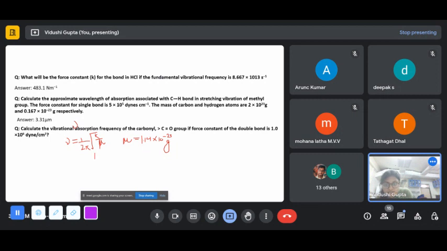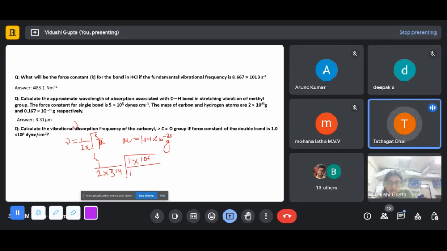So if you substitute the values, 1 by 2 into 3.14, under root of k, where k is 1 into 10 raised to power 6, the answer is 1687.32.